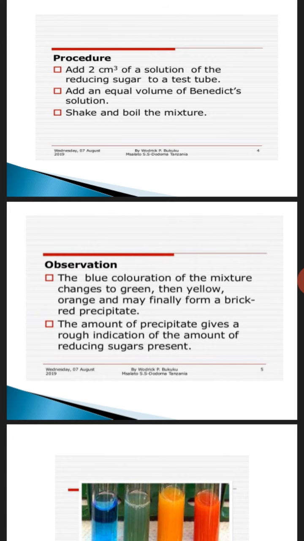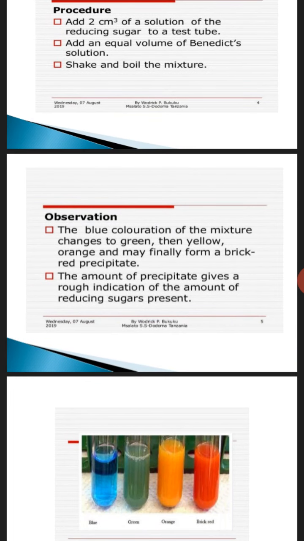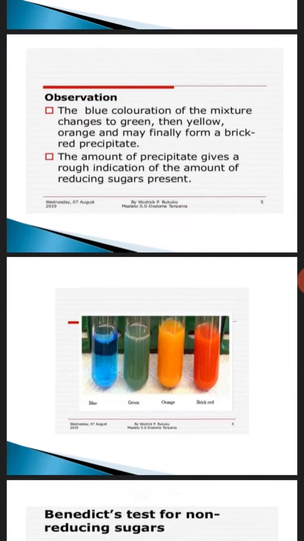According to whatever color is changing, you will be able to detect the amount of reducing sugar present. And here you can see very well in the test tube: blue, green, orange and finally the red color.